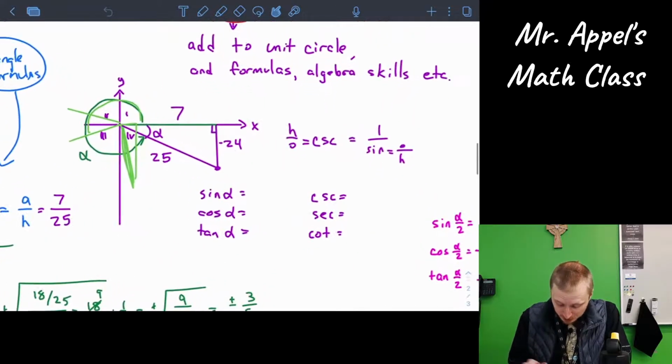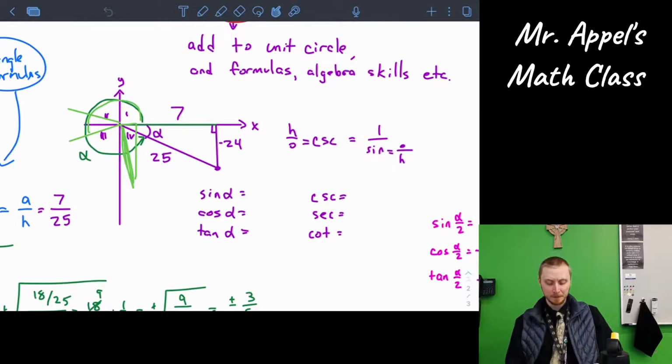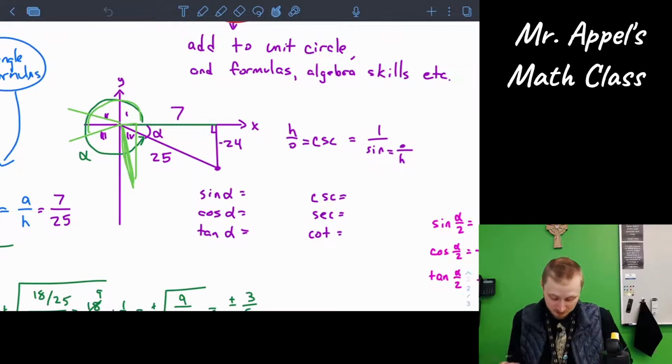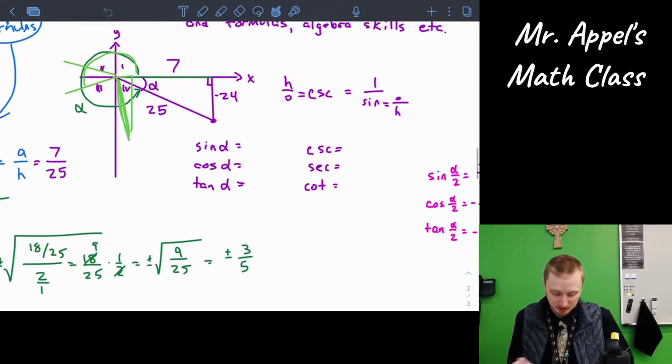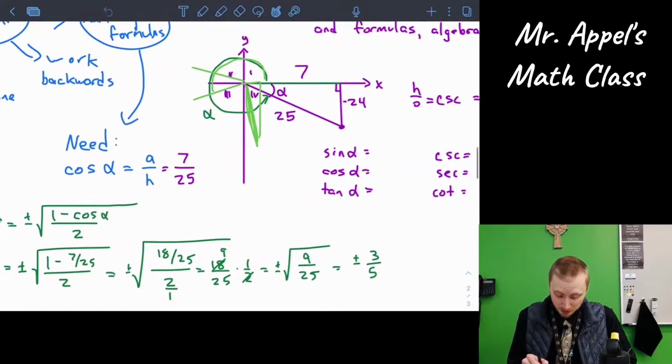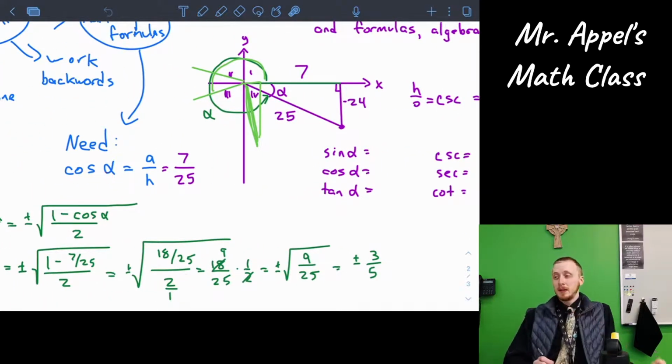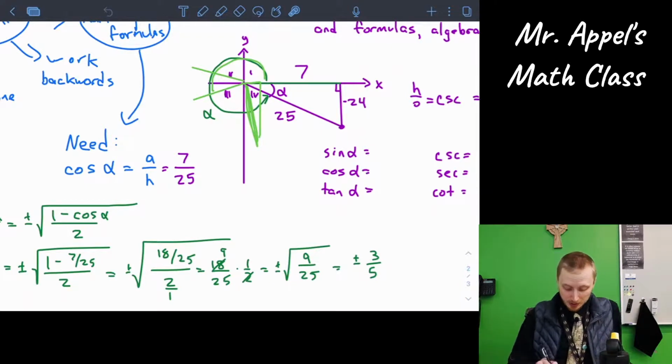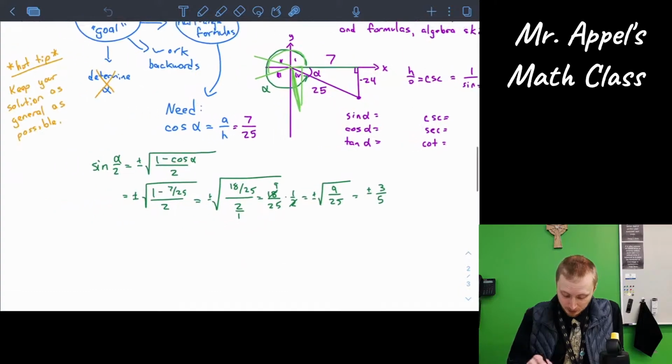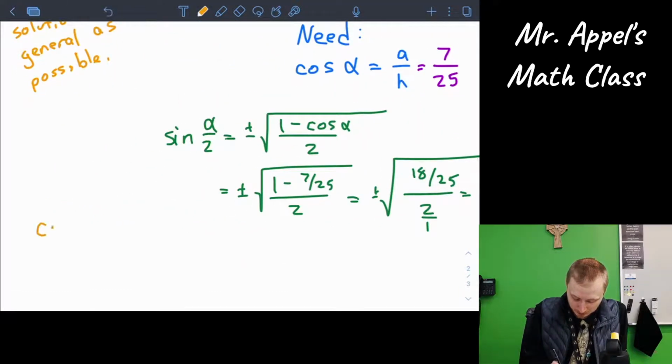What do you want to use, degrees or radians? Doesn't really matter, because at this point, I know this guy. I know the cosine of alpha is 7 over 25. So we're going to take a little sidebar. Cosine of alpha, it's not the real alpha.